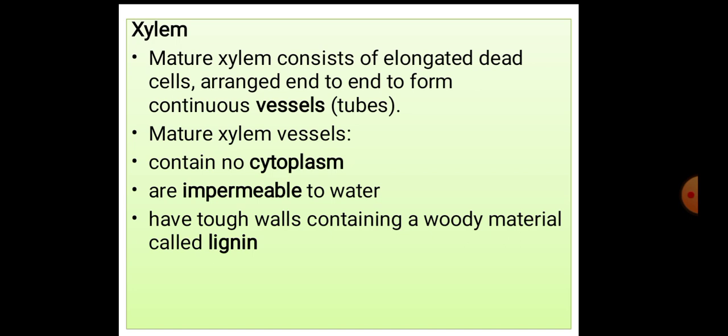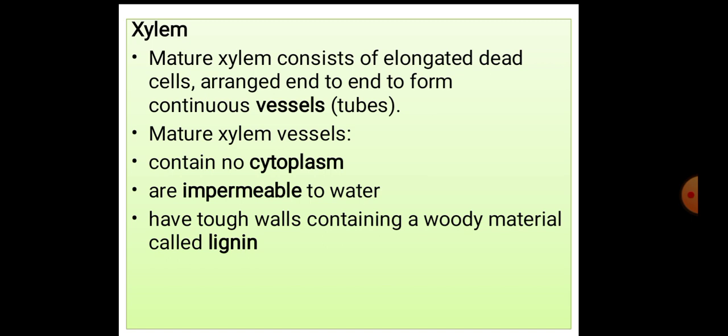Xylem functions as a conducting tissue for water and minerals from roots to the stem and leaves. It also provides mechanical strength to the plant parts. It is composed of four different kinds of elements, namely tracheids, vessels, xylem fibers, and xylem parenchyma.